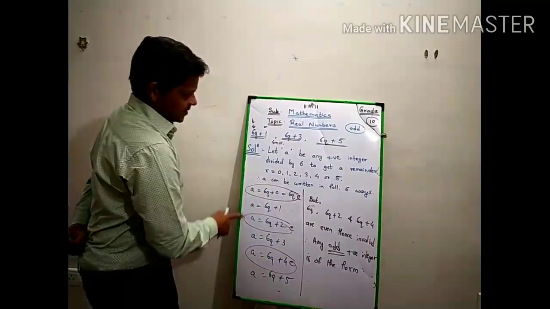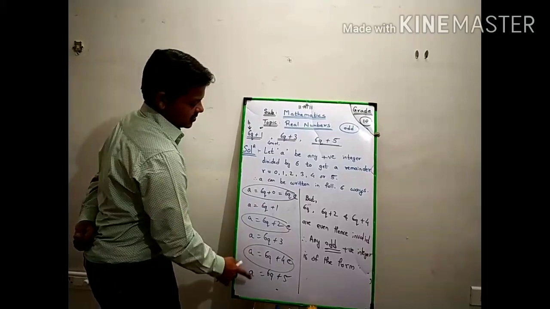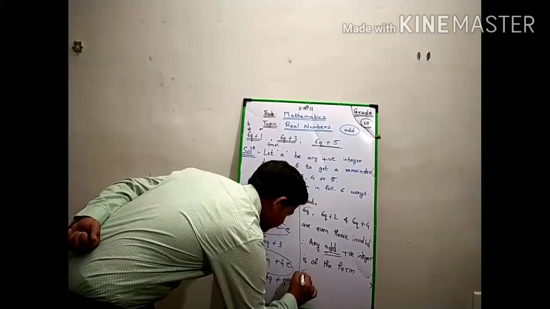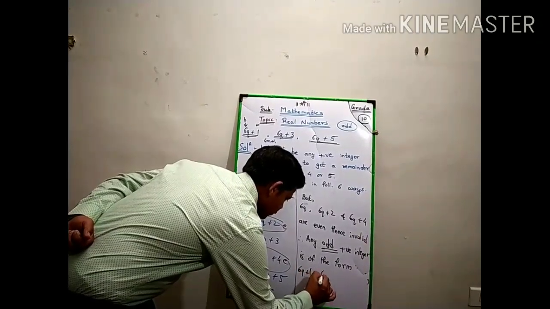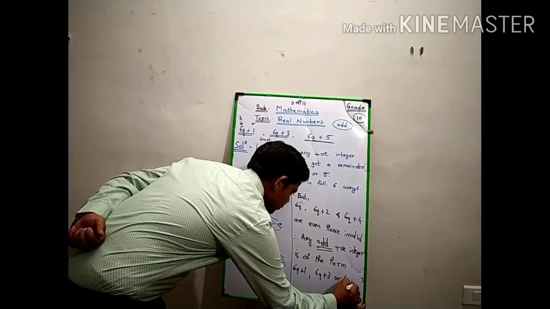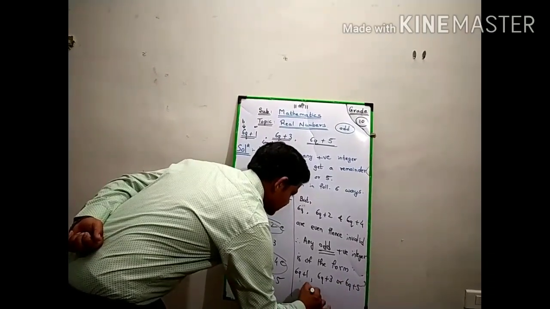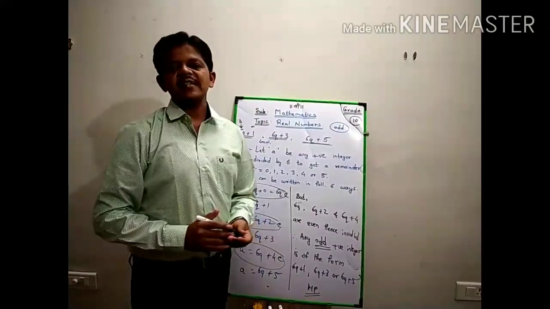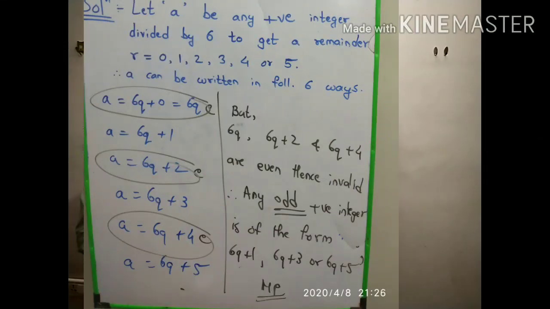What remains? 6q plus 1, 6q plus 3, 6q plus 5. And this is what they had asked, is of the form 6q plus 1, 6q plus 3 or 6q plus 5. Hence proved. Always we write hence proved. So this is how we have proved it, right?